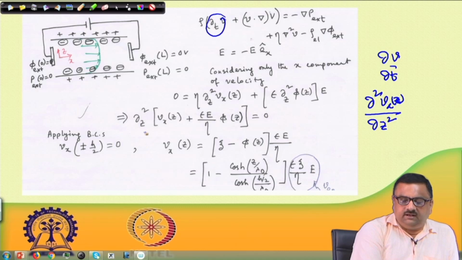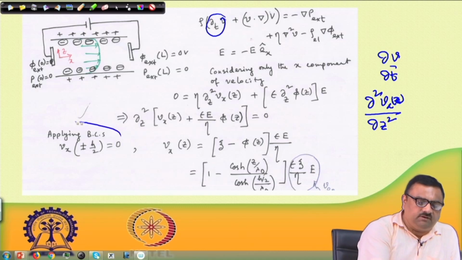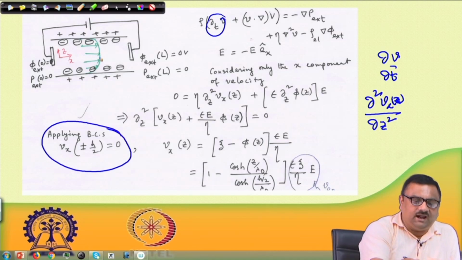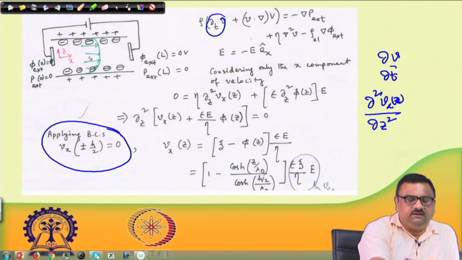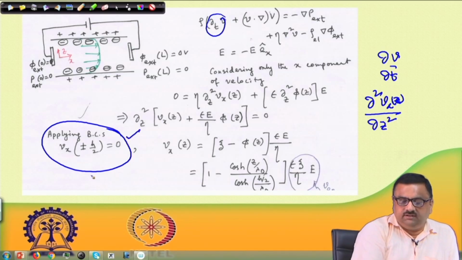Now we have the boundary condition that at the wall, meaning z equal to plus h by 2 and z equal to minus h by 2, the velocity would be 0. This is one boundary condition we have.